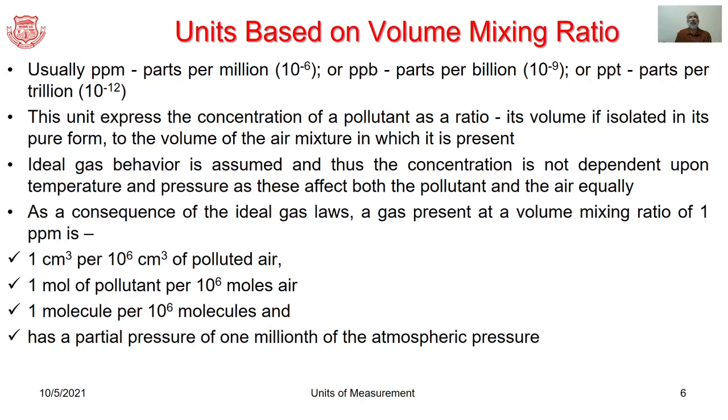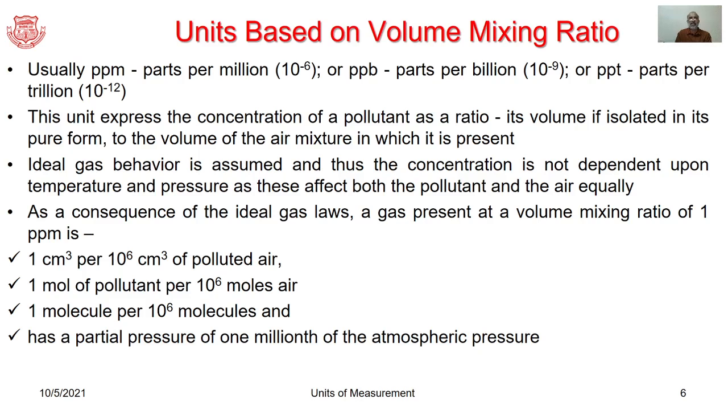This unit expresses the concentration of the pollutant as a ratio of its volume, if isolated in its pure form, to the volume of the air mixture in which that particular pollutant is present. While expressing this volume mixing ratio, we assume ideal gas behavior. Thus, the concentration won't depend on the temperature as well as pressure, because these will affect both the pollutant as well as the mixture of the air equally.